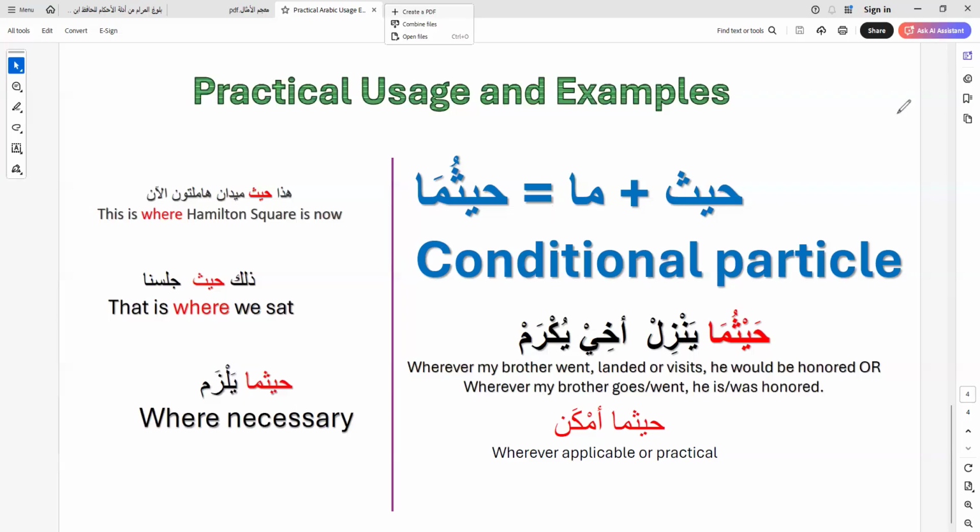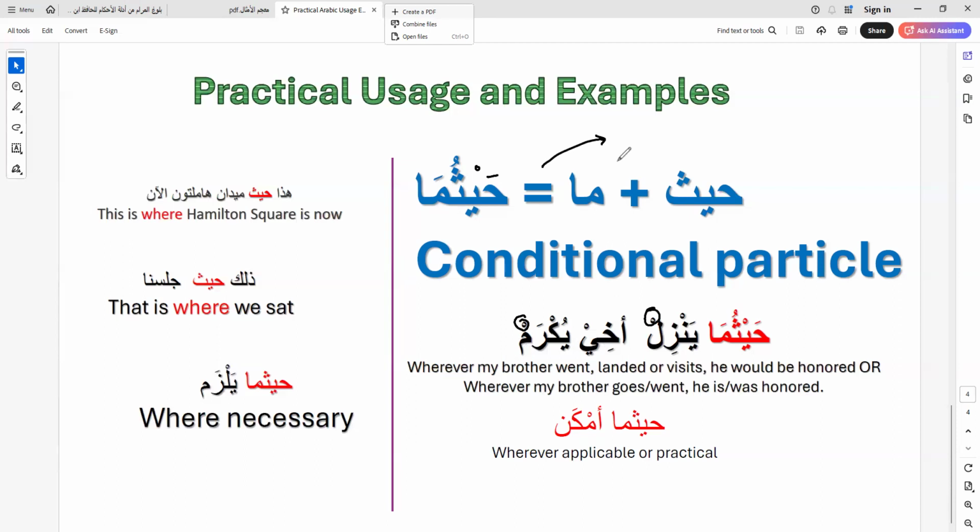As you can see, lam has a sukun on it, and then yukram has a sukun on it. So when you add ma to haythu, it becomes haythuma, like a turbocharged particle.